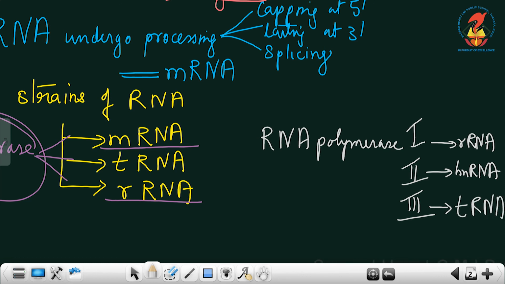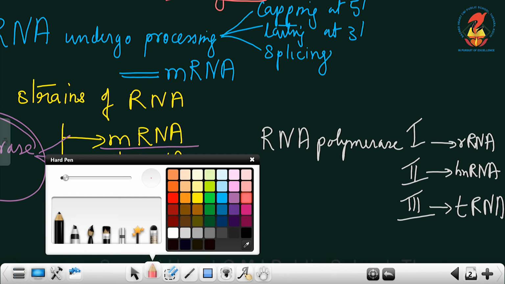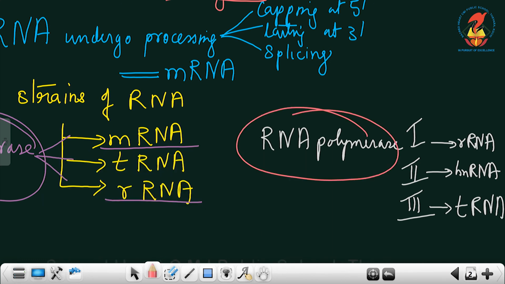So the difference is with respect to the RNA polymerase. In prokaryotes, only one RNA polymerase produces all 3 strains, rRNA, mRNA and tRNA. Whereas in eukaryotes, 3 different RNA polymerases synthesize the 3 strains.